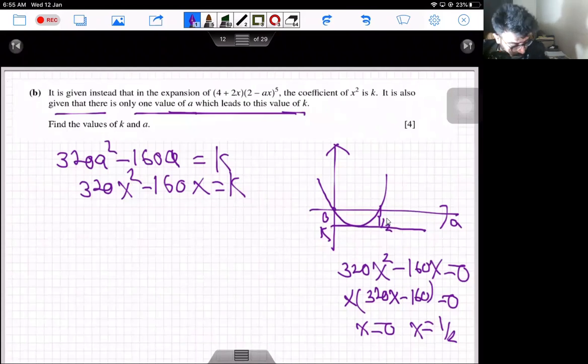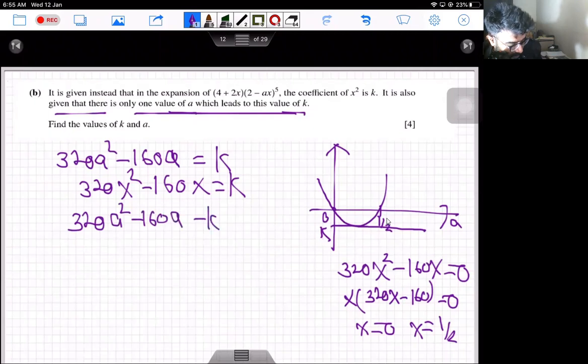Okay, so when the horizontal line is tangent to this quadratic graph, the roots are real and equal. b square minus 4ac would be equals to 0. Okay, so here you have a quadratic equation in terms of a: 320a square minus 160a minus k is equal to 0, where a is basically the variable over here.